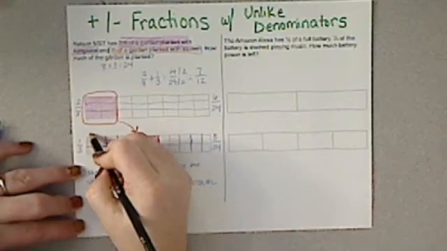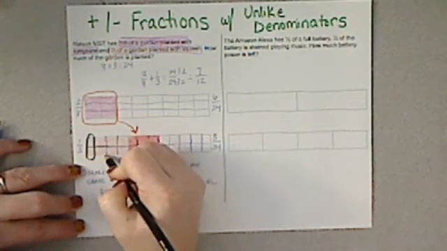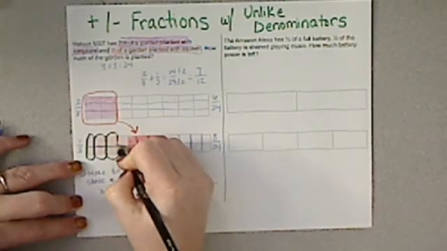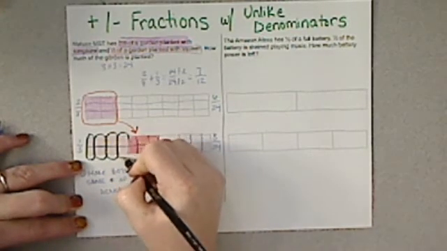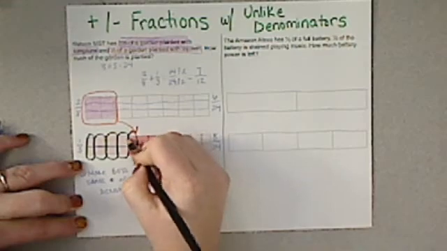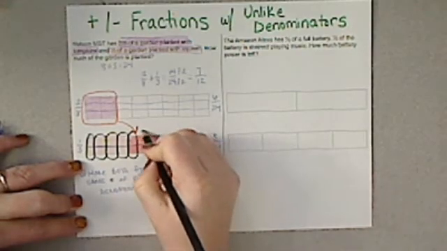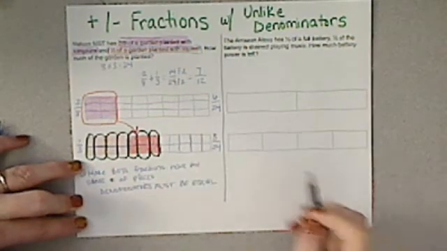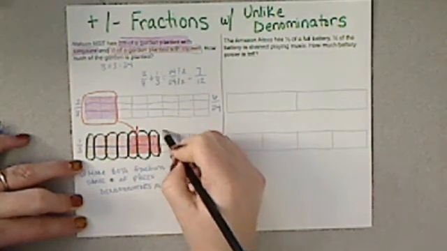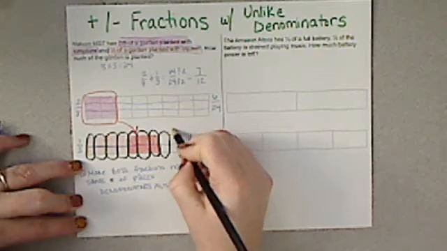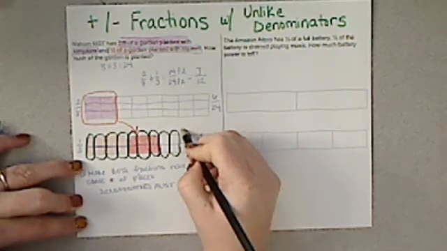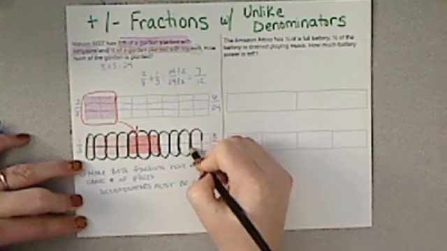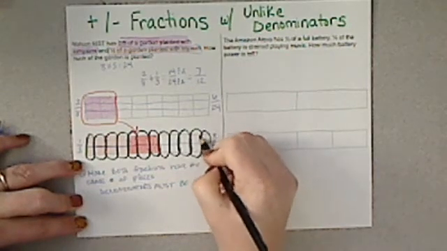So there's 1, 2, 3, 4, 5, 6, 7. And if you continued making these groups, because remember, you also divided the denominator by 2, so that means that every 2 pieces becomes 1 group.